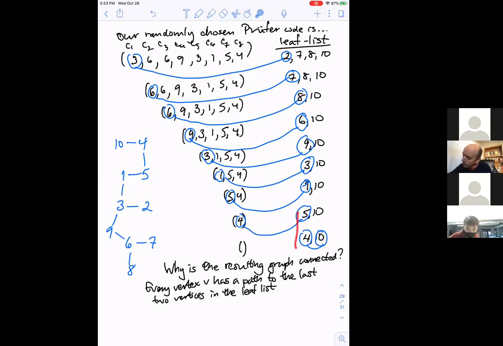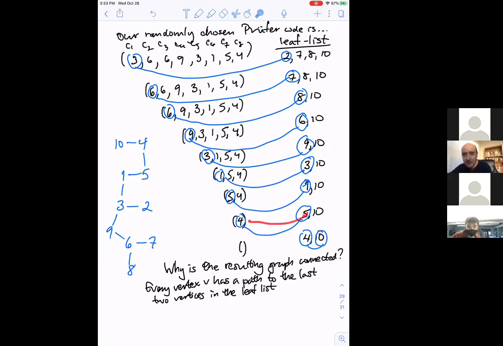And I claim if you work backwards in this direction, you can see by induction that they all have a path to these two, right? So of course the 4 and the 10 have a path to each other, right? They're in a little edge. How do I know that the 5 has a path that connects them to the 4 and the 10?